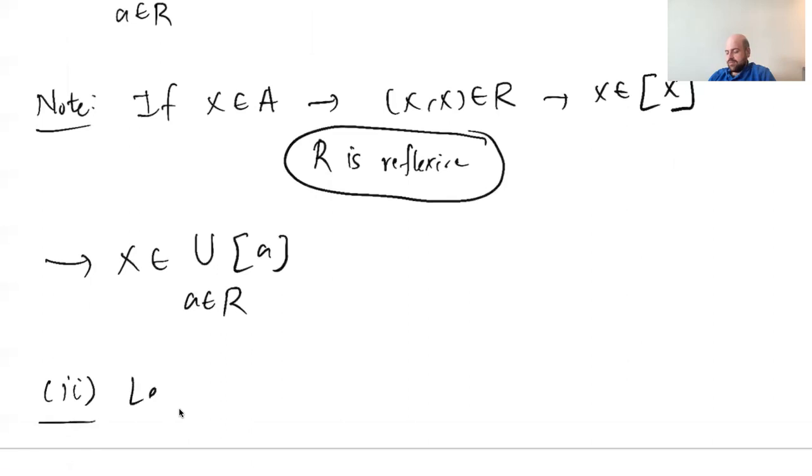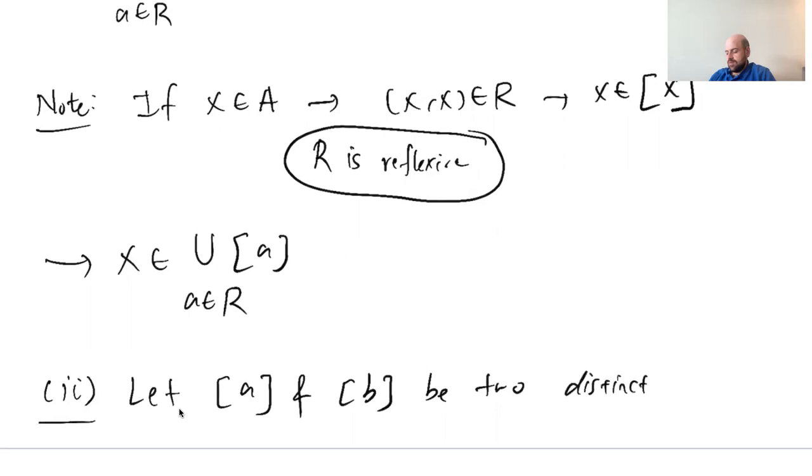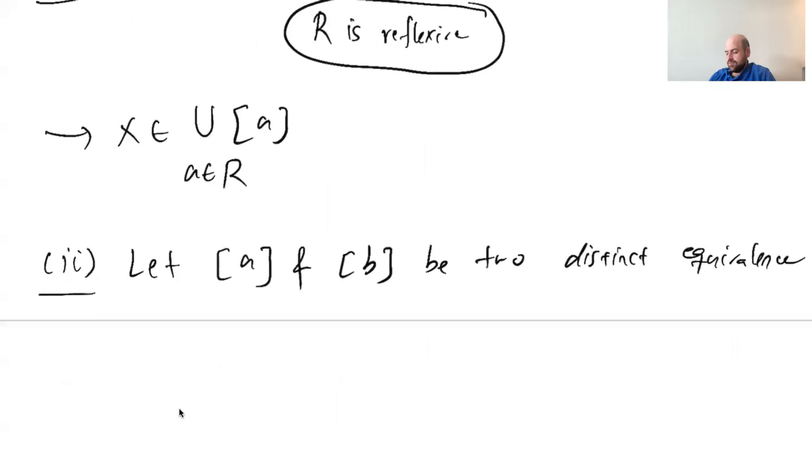So let the equivalence class of a and the equivalence class of b be two distinct equivalence classes, i.e. the equivalence class of a is different from the equivalence class of b.